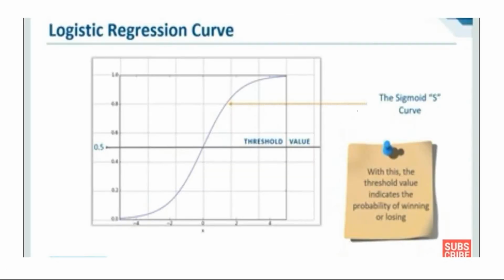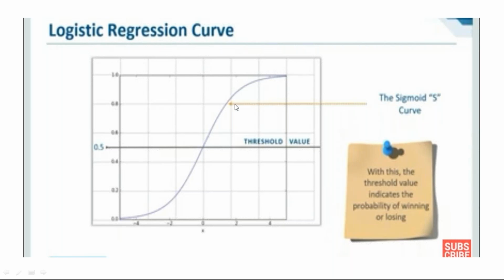If you just see our logistic curve, it is very simple. Seeing this figure, we will come to know this. Once we get a sigmoid function, we need to define some threshold value. This threshold value indicates whether he is winning or losing.